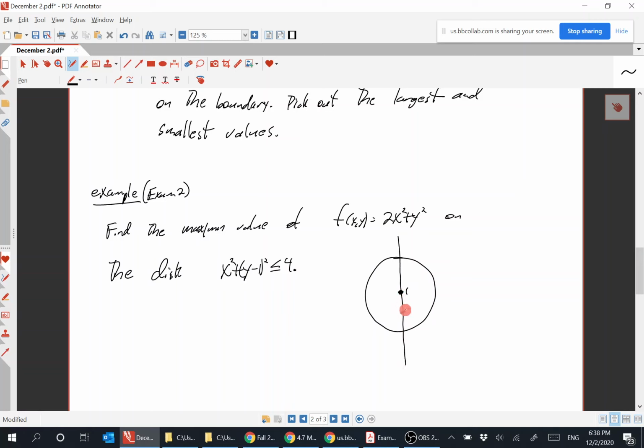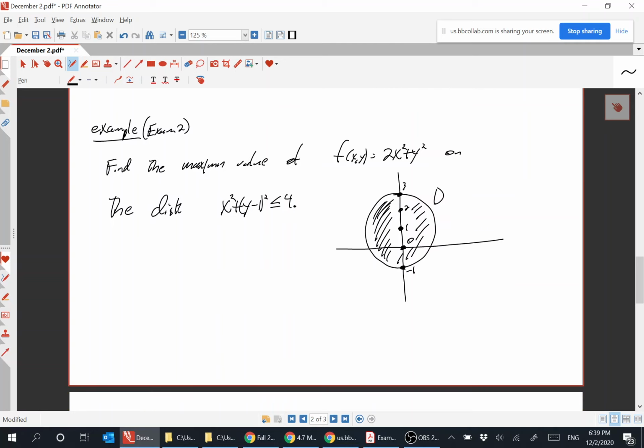So 1, 0, -1, 2, 3 on the y-axis, and here's the x-axis. I don't know at these points, and it's maybe not important. So we're on this D here. So this is D.